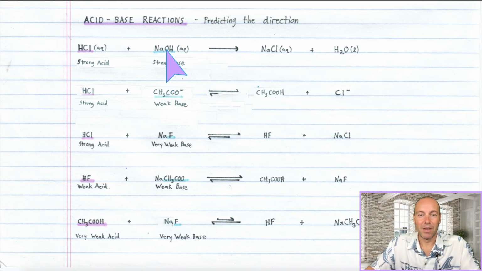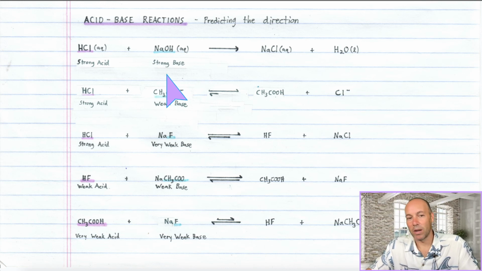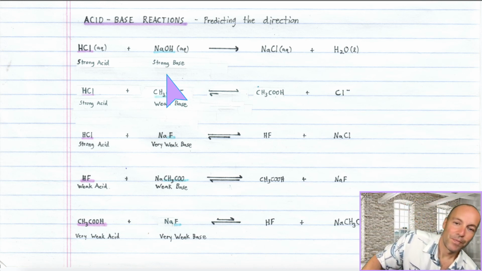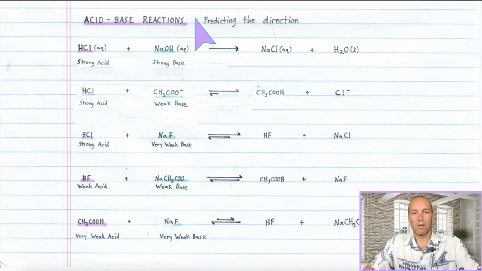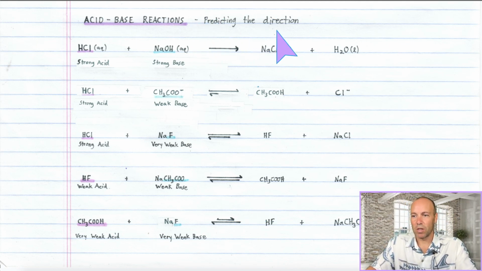And as the base gets weaker, its ability to accept the proton diminishes as well. So, hopefully this helps you understand something about the direction that acid and base reactions go.